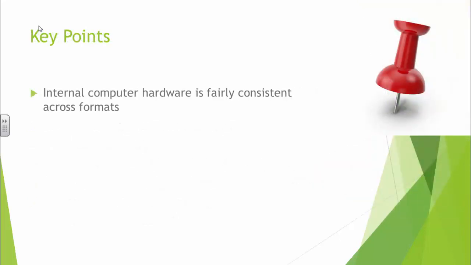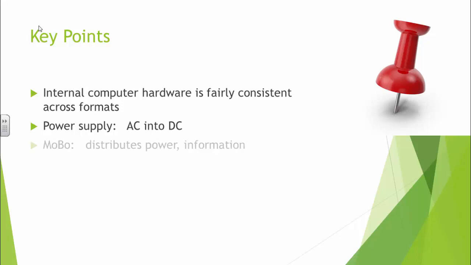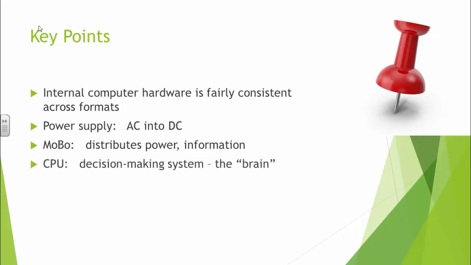Okay, so our key points from today then. Internal computer hardware is fairly consistent across Macs, Android, and Windows PCs. Our power supply converts alternating current into DC current for use by the device. Our motherboard distributes power and information around the computer.